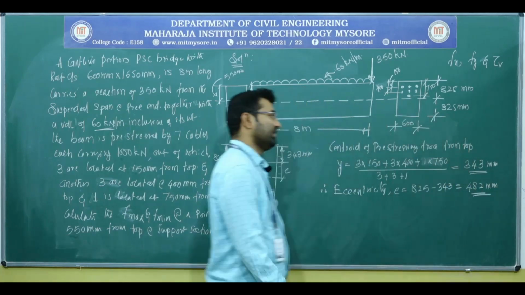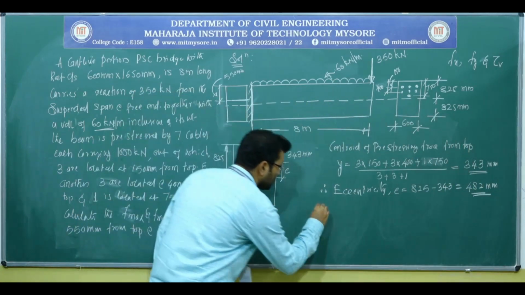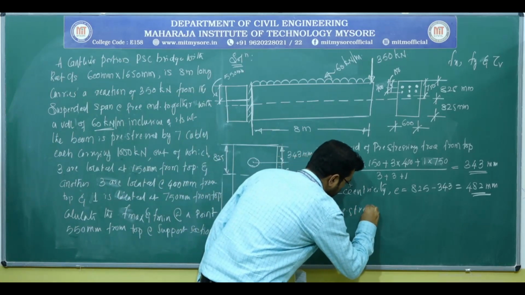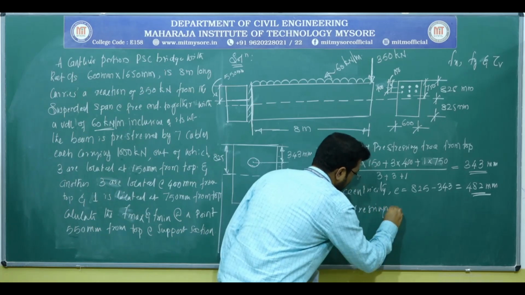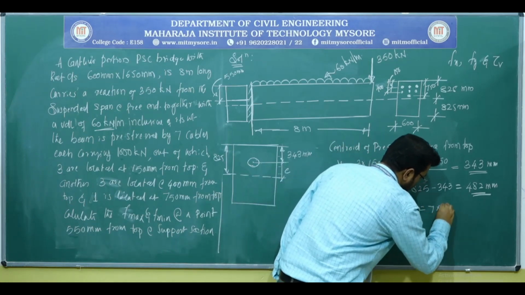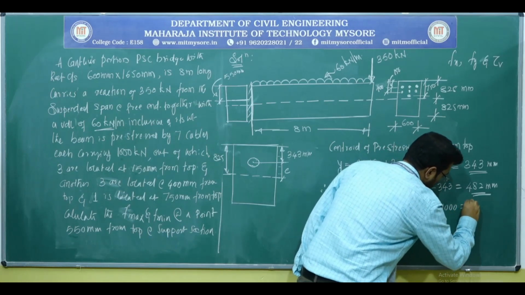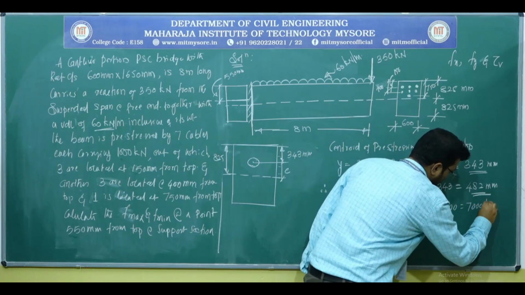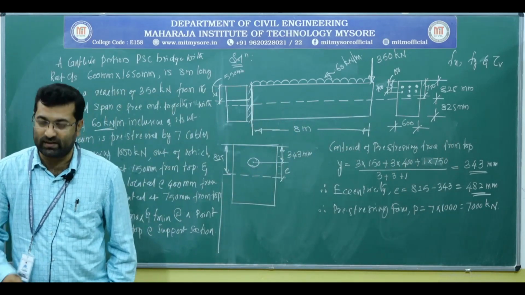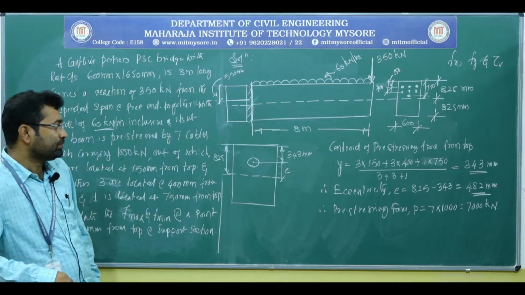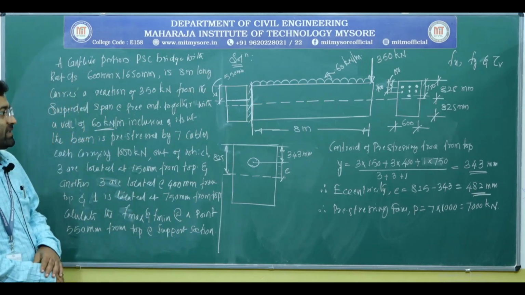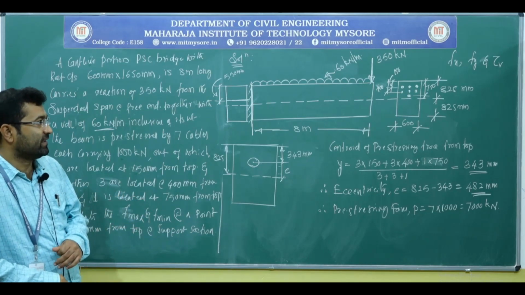This is the eccentricity. Now how much is the total pre-stressing force? Pre-stressing force P is equal to 7 into 1000, so 7000 kilonewton is the total pre-stressing force in the cable, right? Okay. So now we have the pre-stressing force and the eccentricity.